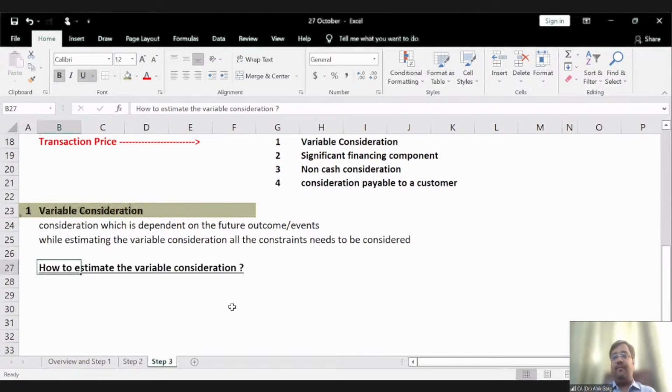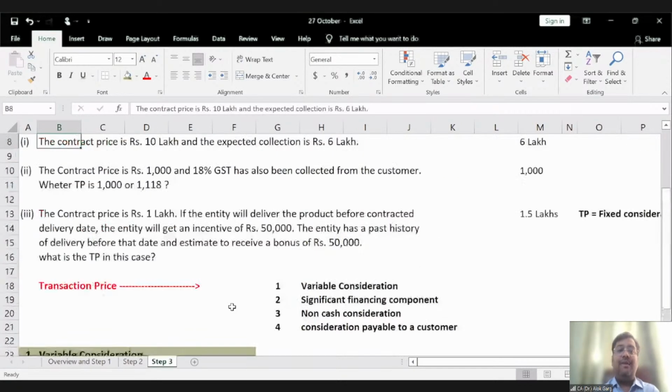Now the question. Sir, in your third example, you have also included 50,000 rupees as a variable consideration. But what happens if tomorrow the builder will not be able to deliver before the contracted delivery date? In that case, this 50,000 revenue will not be there.